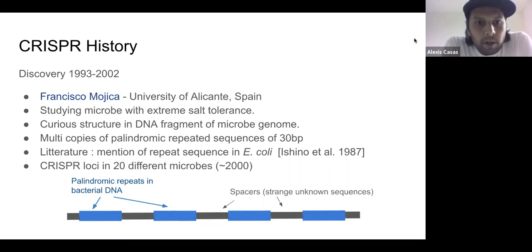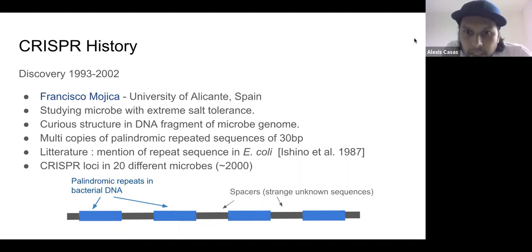and these did not resemble any family of repeats that are known in microbes. So he started looking at it and he investigated scientific literature. And he found a paper by a Japanese group, and that group had mentioned a repeat sequence found in Escherichia coli that had a similar structure, but not exactly the same sequence.